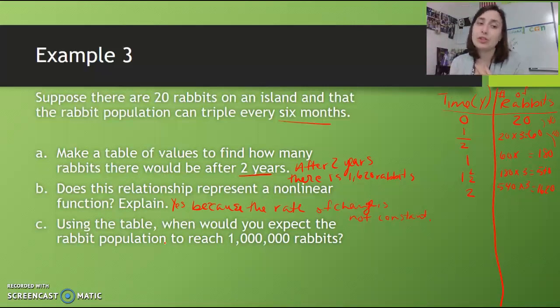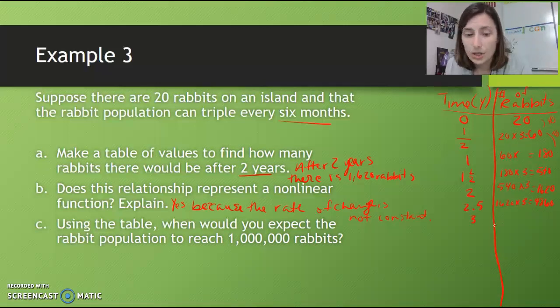All right, now it wants us to use the table and then decide when we would expect the rabbit population to reach 1 million rabbits. So we just have to keep plugging along. So at 2, I'm going to start doing 0.5 instead of half. So at 2.5, we're going to do 1620 times 3, which gives us 4,860.